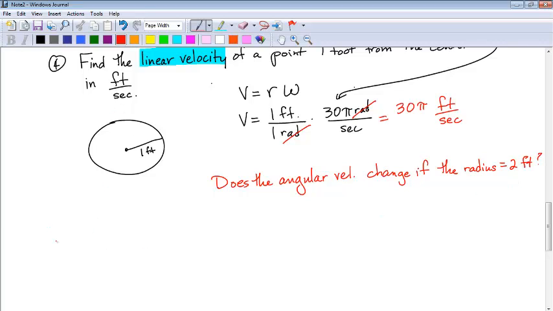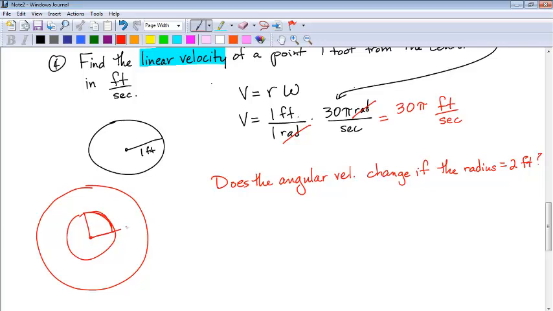So if I took and mapped out an angle here, if I go out, does the angular velocity change? Wouldn't this map out the same angle as this per unit of time? So the angular velocity does not change.